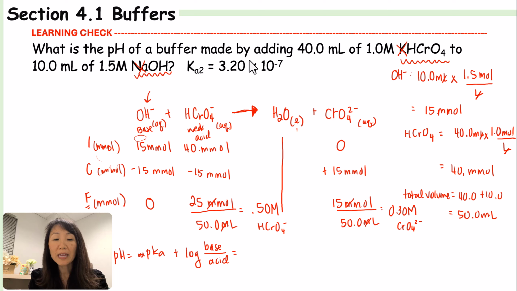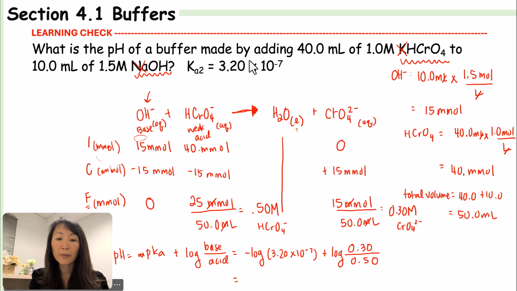All right, pKa means negative log of K2, which is 3.20 times 10 to the negative 7. Plus log of the base, which is my chromate here, CrO4 2 minus, 0.30, all over 0.50.